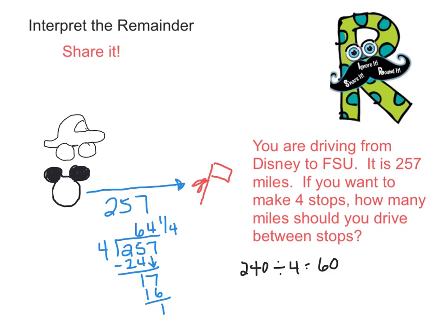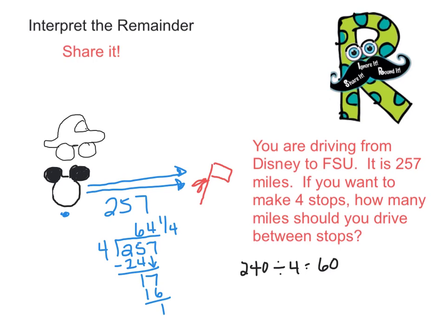So what it's saying is if I try to drive from Disney to Tallahassee, I need to stop every 64.25 miles. Now, this is where we're going to want to share the remainder, because if you decide to ignore the remainder and go with 64, you're not going to make it to Tallahassee because you will be 1 mile short.